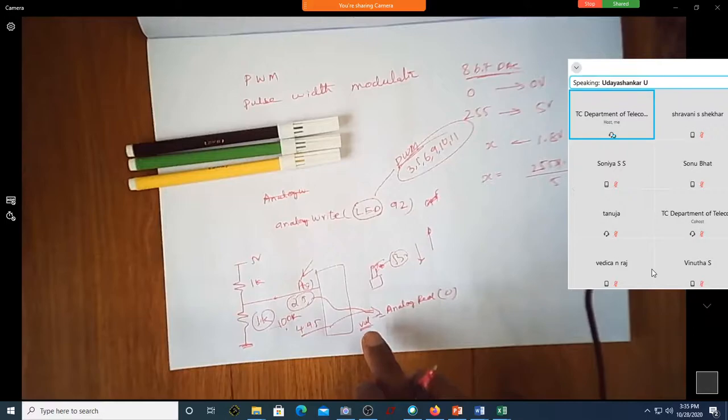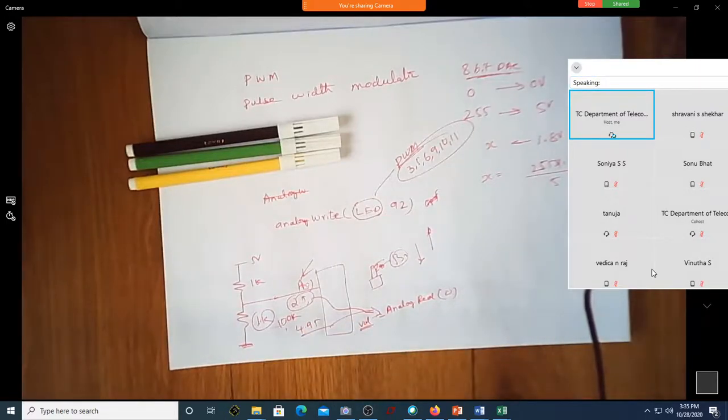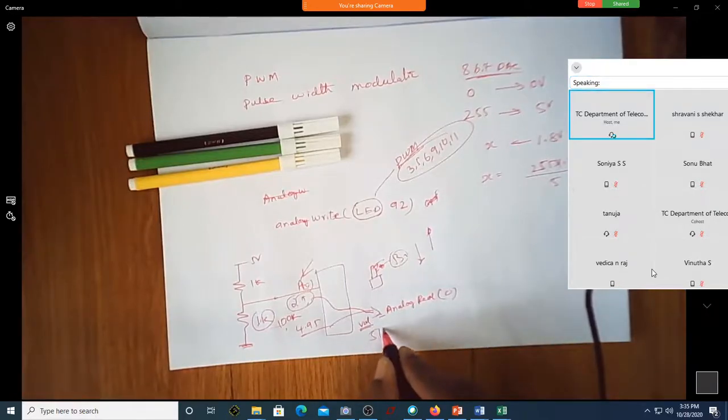What will be the val value if it is 1K? I think I have explained it in the video also. Sir, 1023 into 1.5 by 5, sir. Sir, 511 or 512.